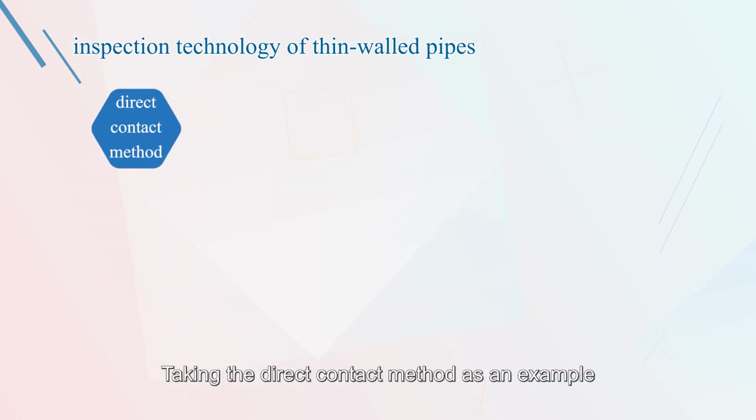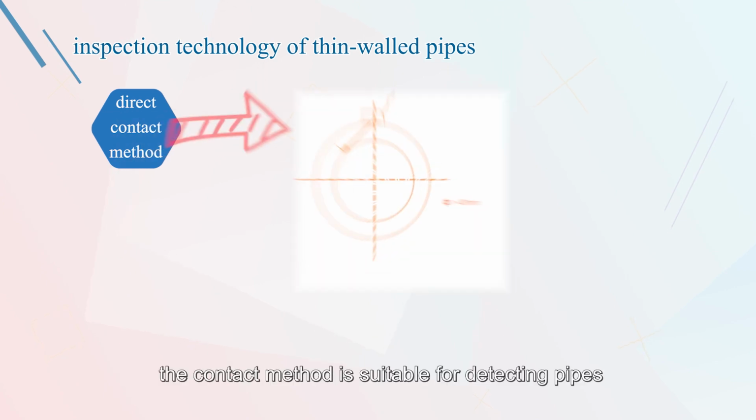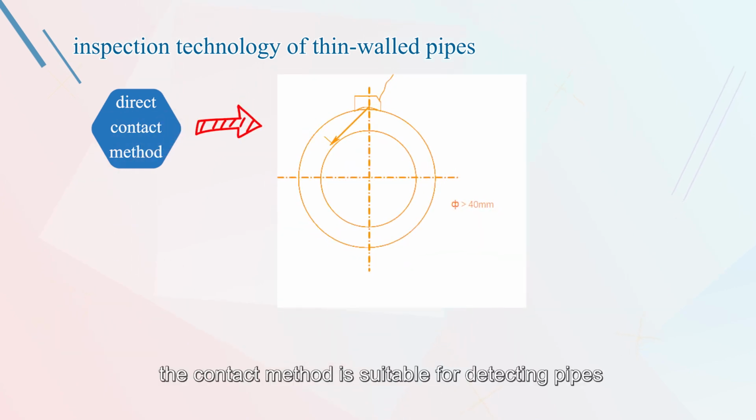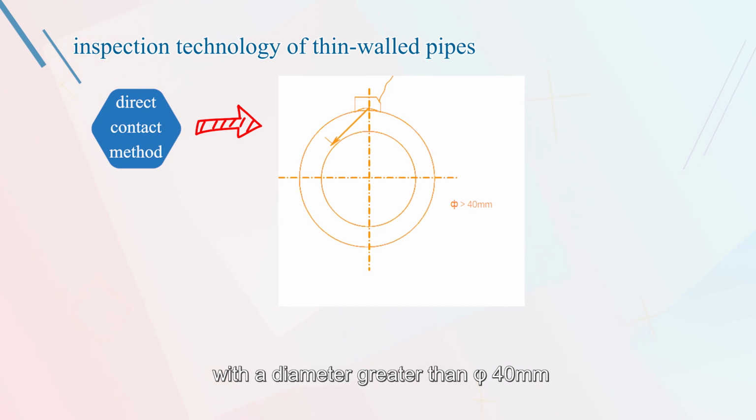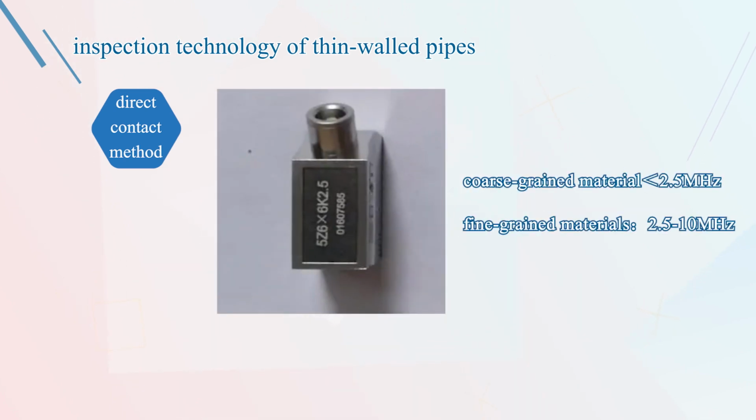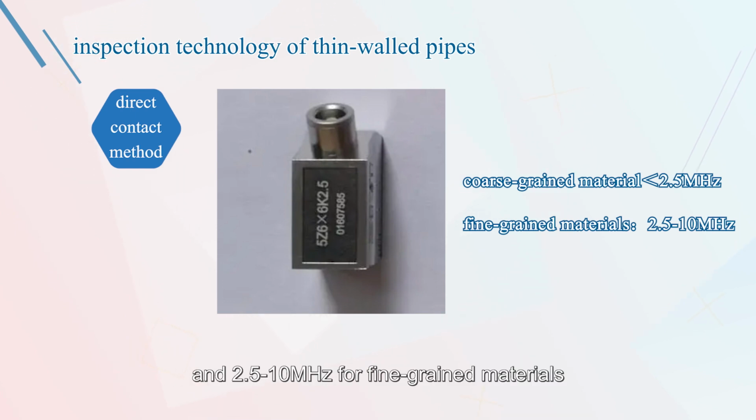Taking the direct contact method as an example, the contact method is suitable for detecting pipes with a diameter greater than 540 mm. Generally, a frequency of less than 2.5 MHz is used for coarse-grained materials, and 2.5 to 10 MHz for fine-grained materials.